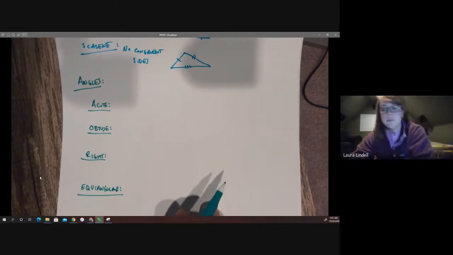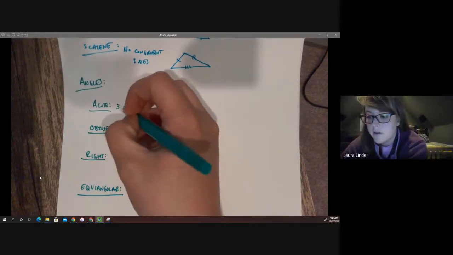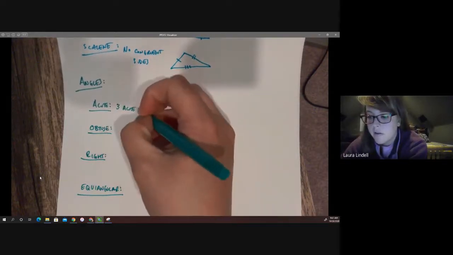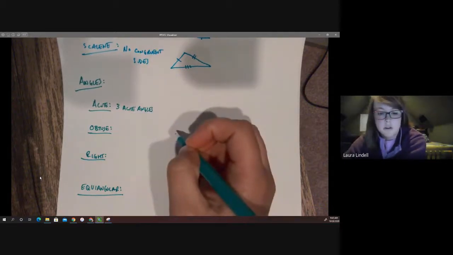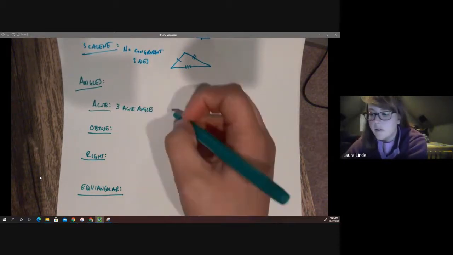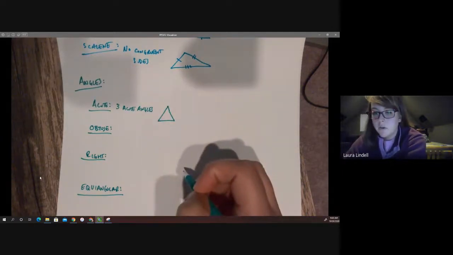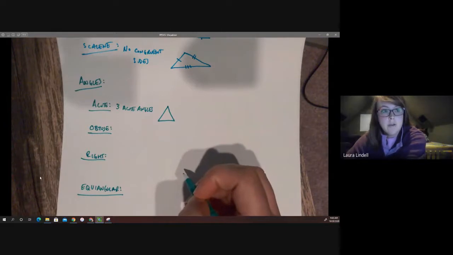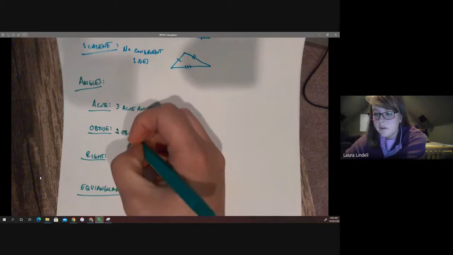So for acute, that just means we have three acute angles. So all three angles are acute. So we might see a triangle like that, where all the angles appear to be less than 90 degrees. Okay. Obtuse means we have one obtuse angle.